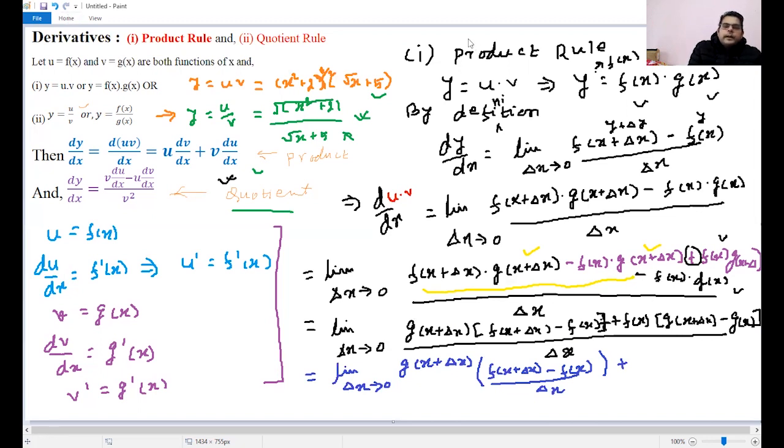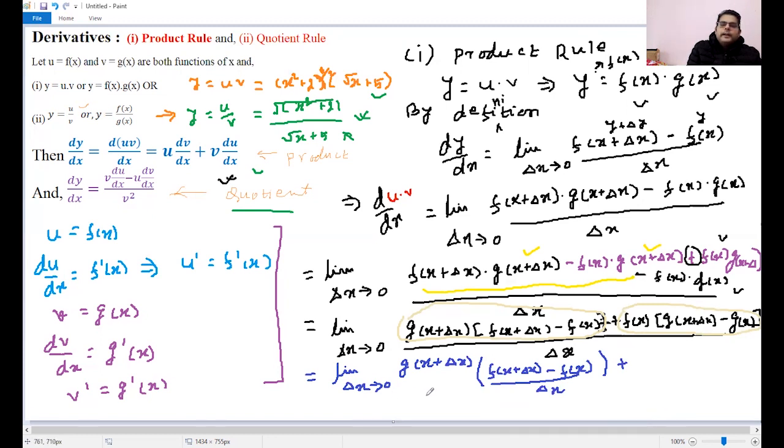From here up till here there is one term, so we divide by Δx. Now we separate another term, and we also divide it by Δx. After this step, the limit is again applicable here. Either you write the limit one time or many times, it doesn't matter.